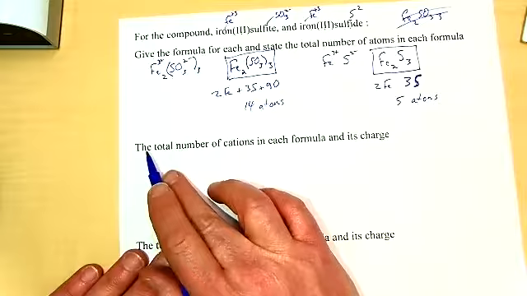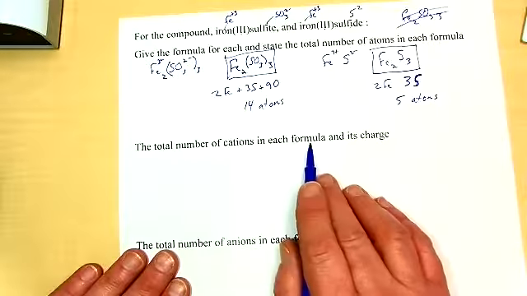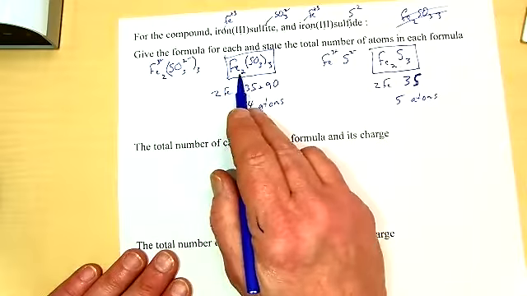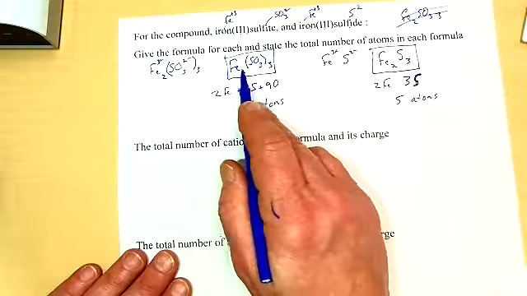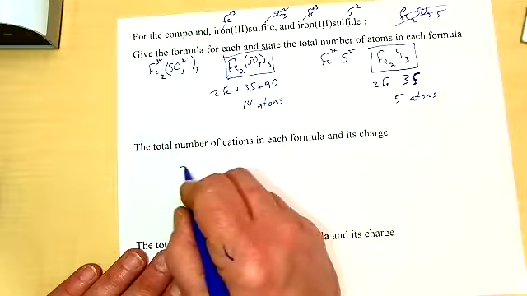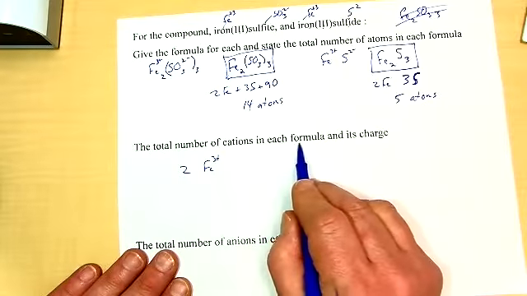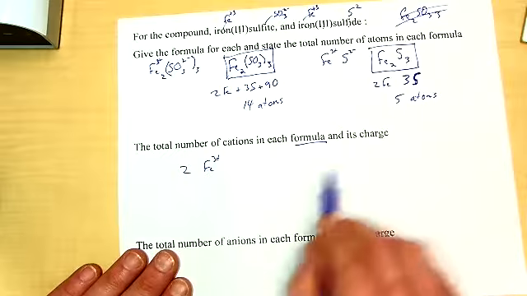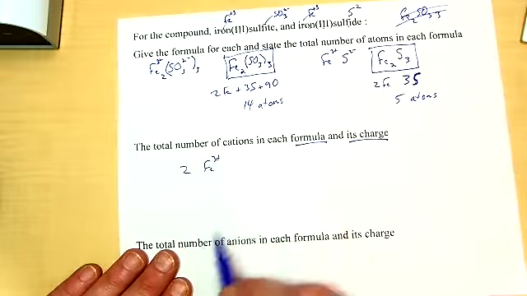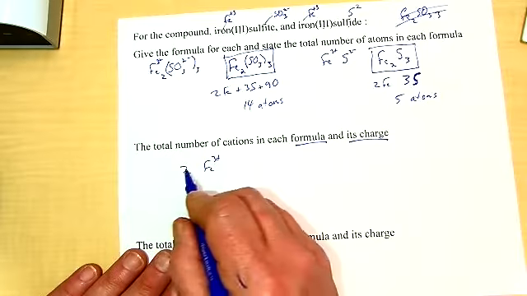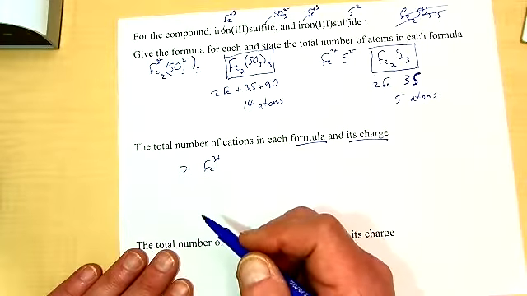The next question: the total number of cations in each formula and its charge. In this one, the cation portion is the iron. We have 2 irons, so we have 2 Fe3+. There's the formula, Fe3+, and its charge, the 3+ there. And the total number of cations is 2.